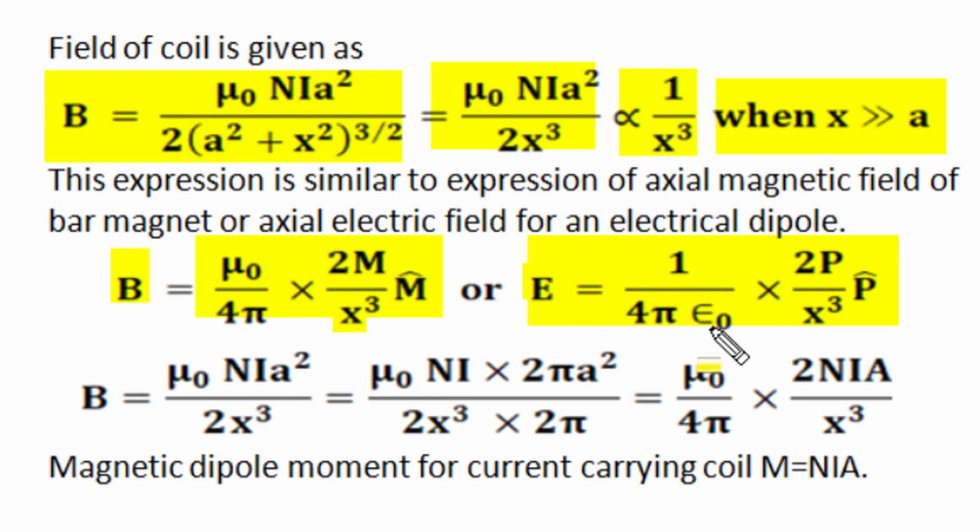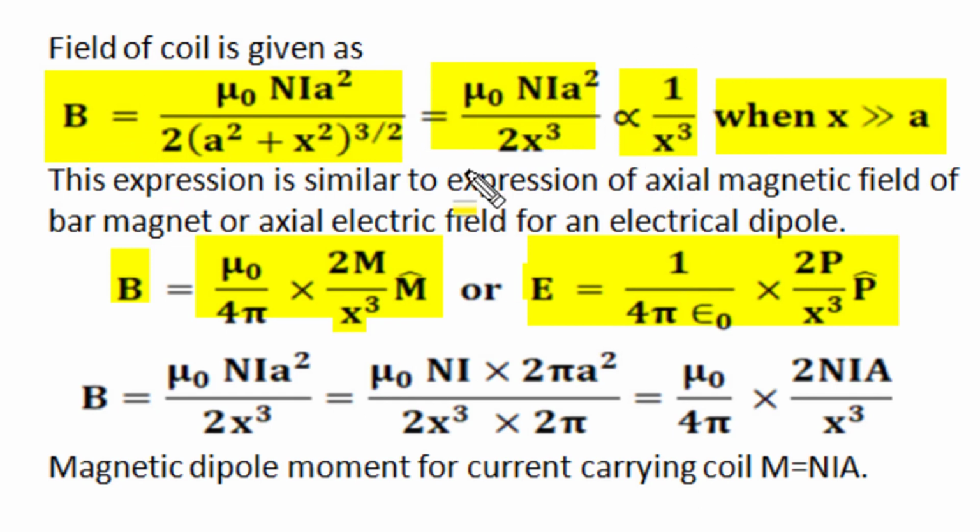So for electric field we have used the electric property, and for magnetic field calculation we have used the magnetic property. Now this M and P are respectively magnetic dipole moment and electric dipole moment, and both have a similar 4 pi expression for rationalization of the relation and a proportionality similar to the current carrying coil, 1 over x cube.